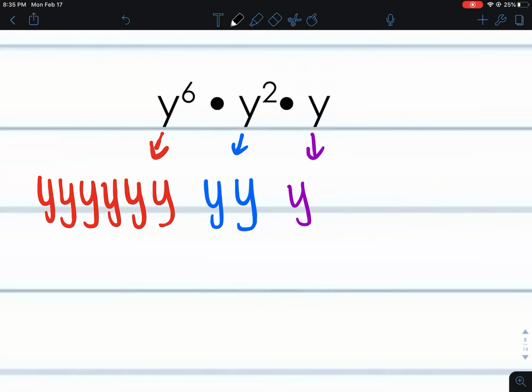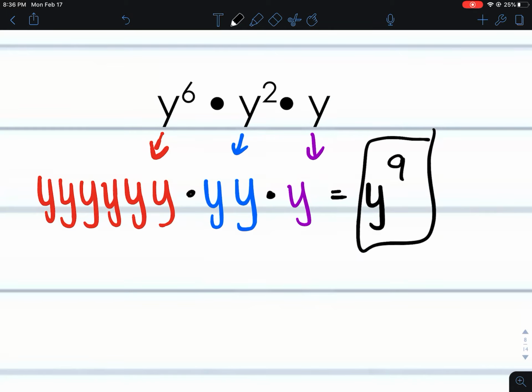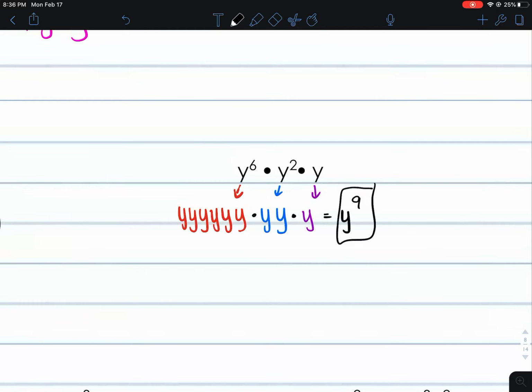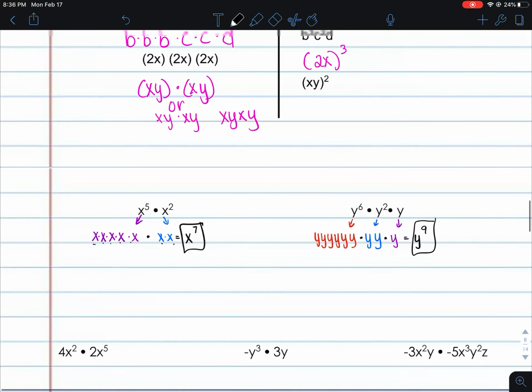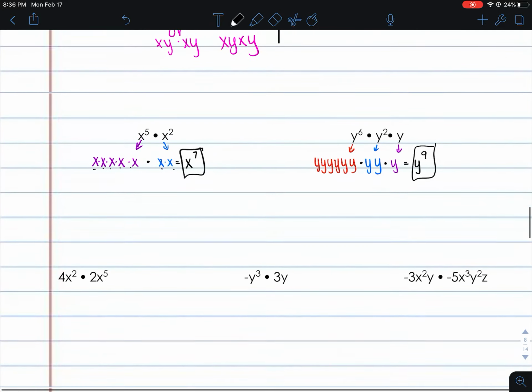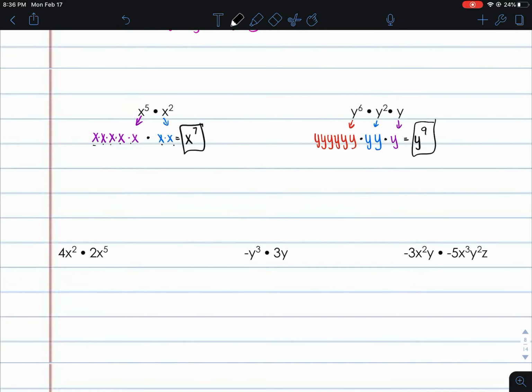So if you're multiplying all these together, this is really the same thing as y to the 9th power. Right? 1, 2, 3. It's all being multiplied. So in the end, you can rewrite it. All right, so that's what we normally do: we expand out from the exponential form to expanded form, and then we regroup it.